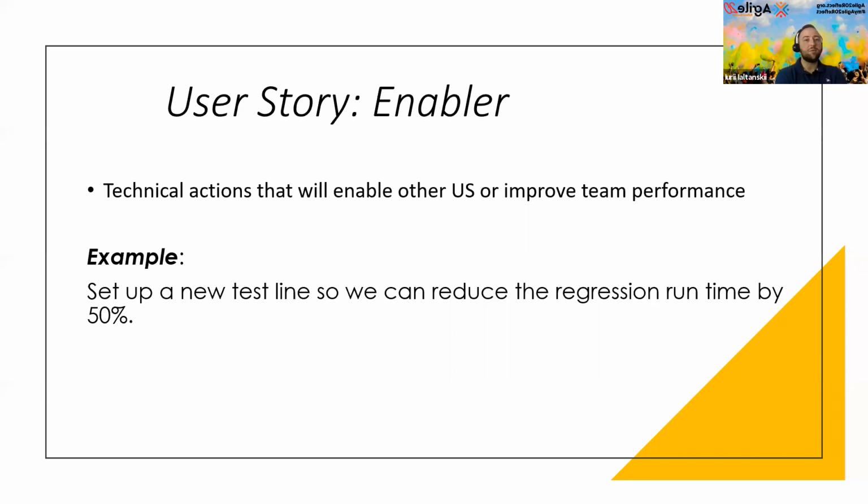But an enabler is all about managing dependencies, right? If you have a dependency, as I said, between story A and story B, when story A is complete, we can start working on story B. Otherwise, it's impossible for us to start working on this story. Right, thank you. No problem.